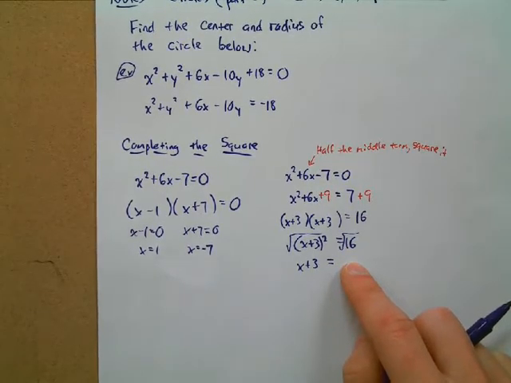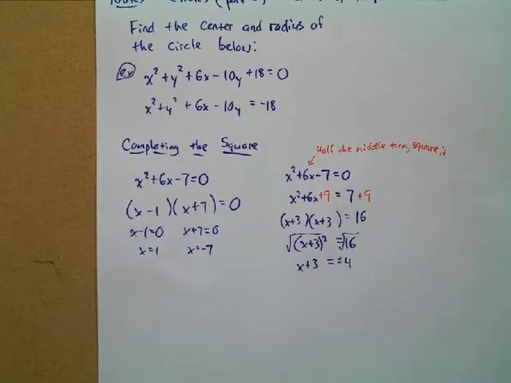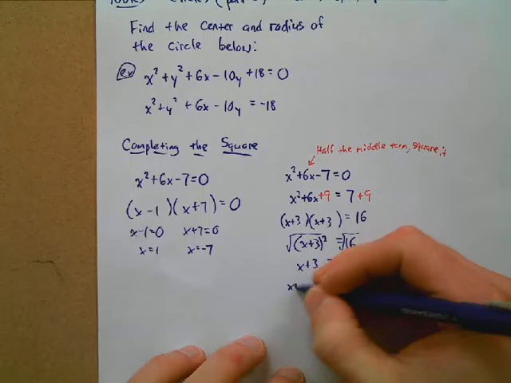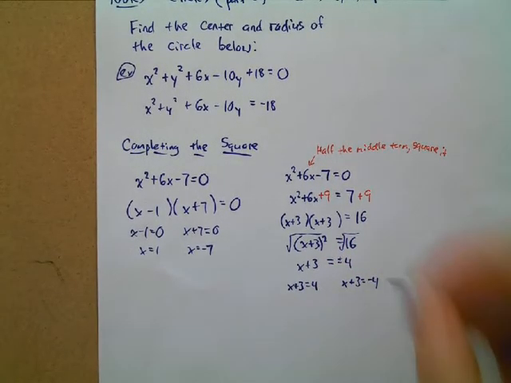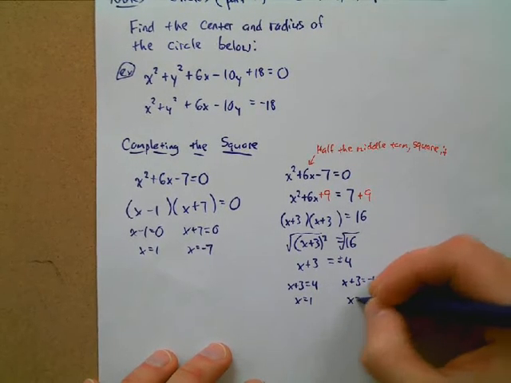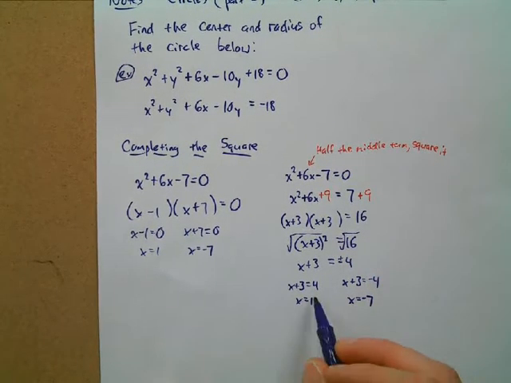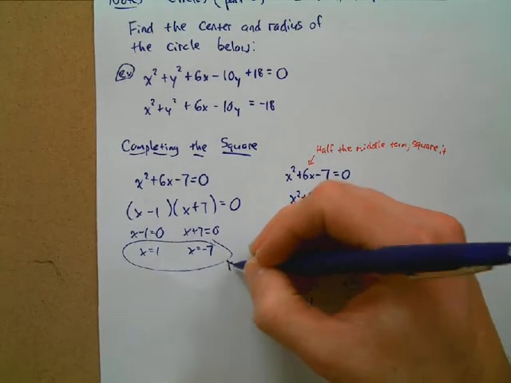And so that means x plus 3 equals positive 4, x plus 3 equals negative 4, right? And we can subtract 3 from either one of these. We get, well, what do you know? 1 and negative 7. Okay, so we do get the same solutions. We're talking about the same thing. It's just written in a different way.